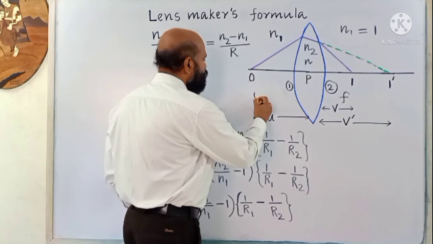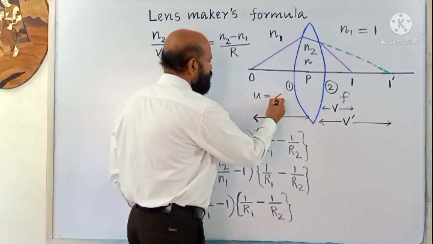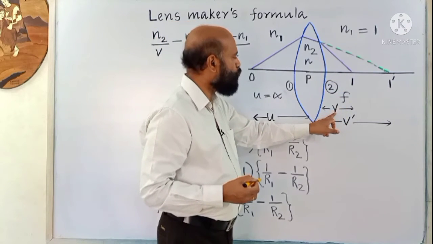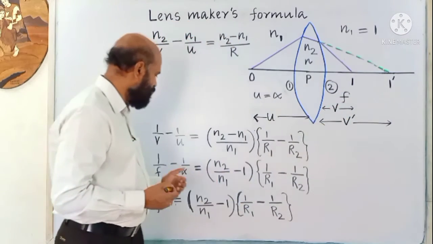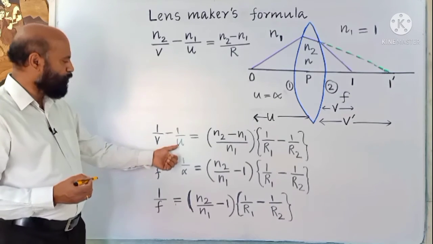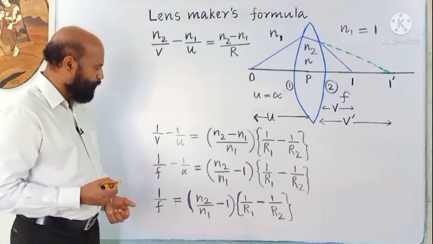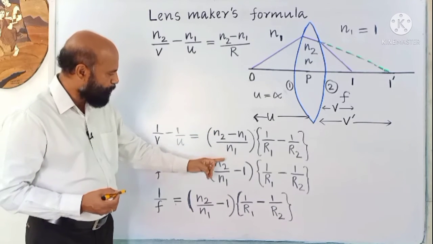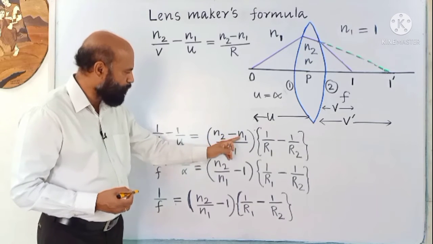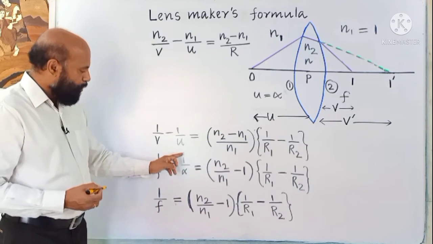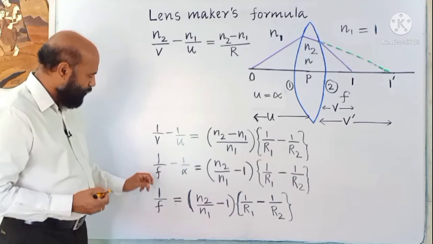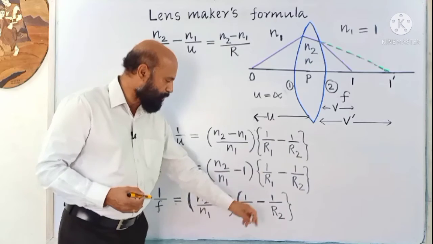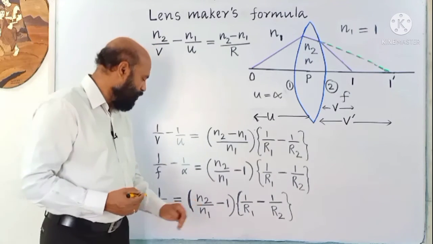For U we can write infinity, then the image will be formed at the focus, so for V we can write F. Now N2 by N1 minus N1 by N1 is 1, and 1 by infinity is 0. So 1 by f is equal to N2 by N1 minus 1, into 1 by R1 minus 1 by R2.